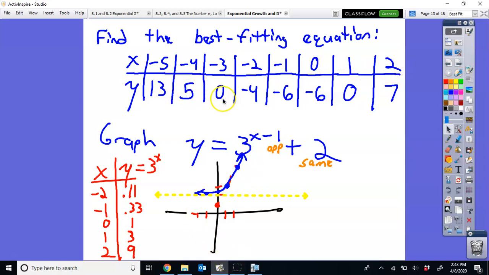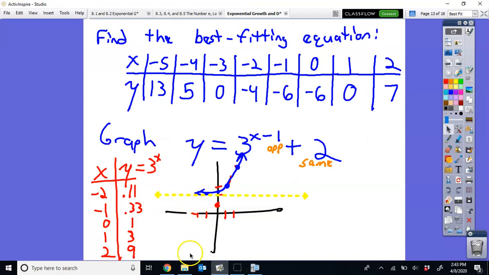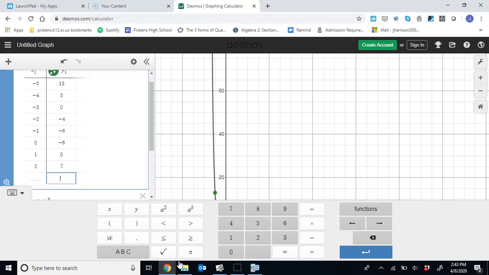And then we're going to go 13, 5, 0. So we'll start here. 13, 5, 0. -4, I believe, was the next one. And then we're going to go -6, -6, 0, 7.